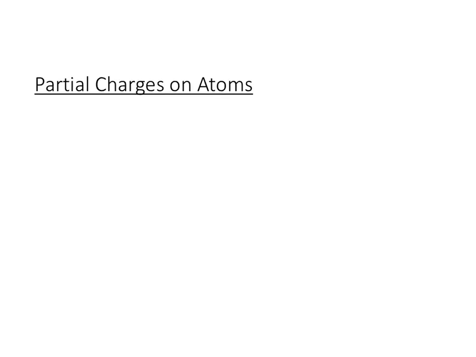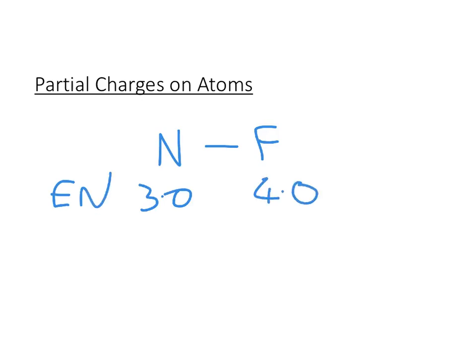So a few examples now of showing the partial charges and how to assign them to the atoms in the bond. Let's start with nitrogen with fluorine. If we look up the values for the electronegativity, nitrogen is 3.0, fluorine is 4.0.